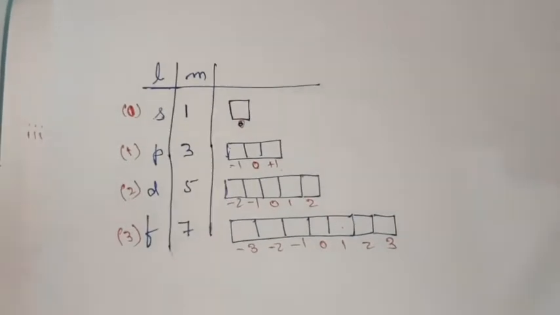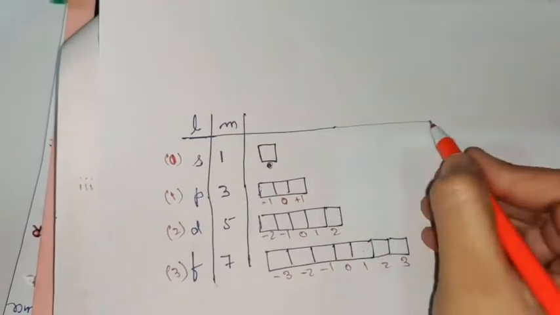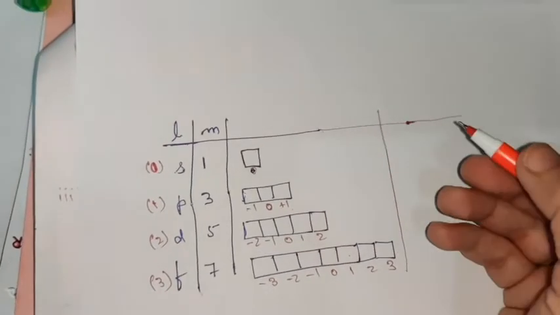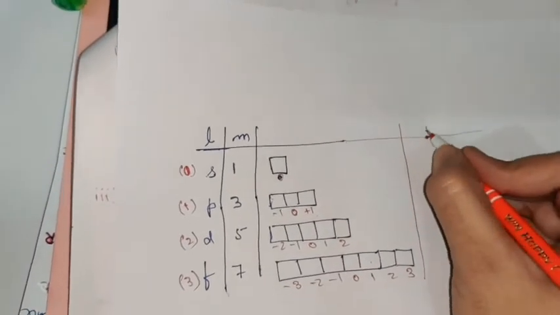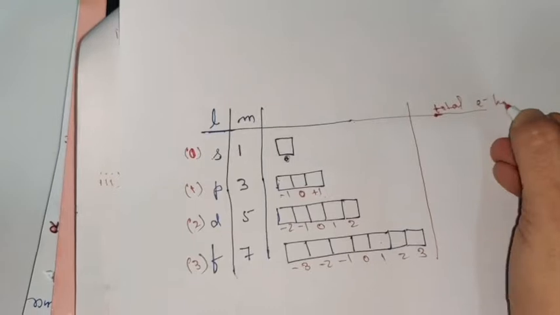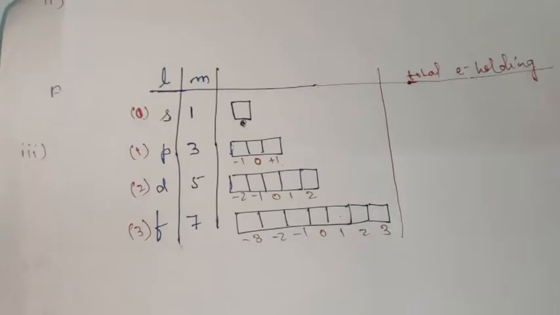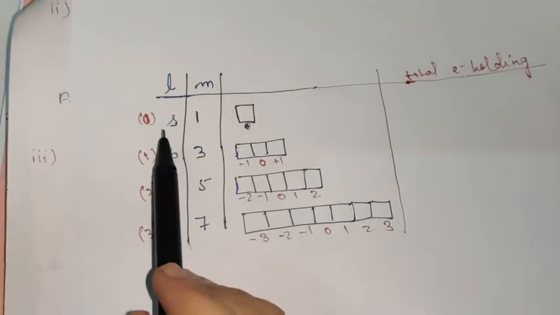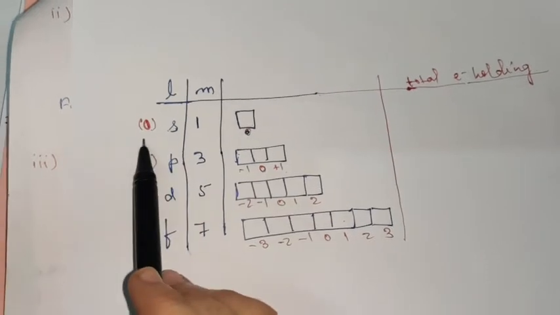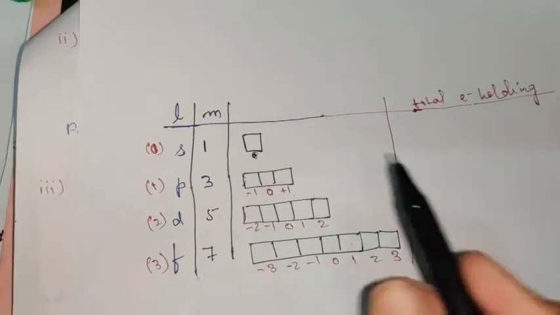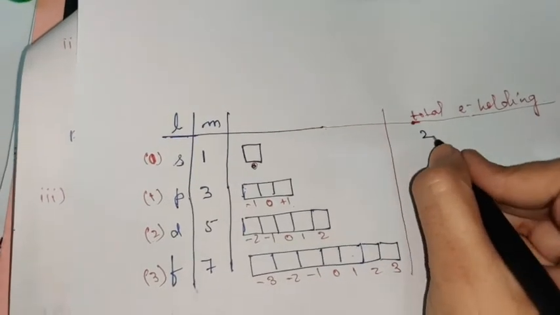Now just now I told you that each orbital can have at the max 2 electrons. So the total electron holding capacity of each subshell can also be calculated. If I am talking about the S subshell, it has only one box, which means total electrons it can hold is 2.